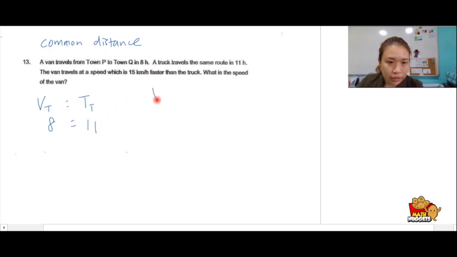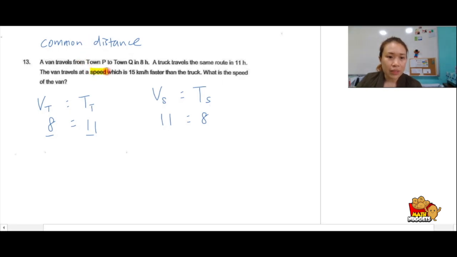Next, I can write the speed for the van and the speed for the truck. Now, are they a direct relationship or an inverse relationship? If the van took a shorter time, means the speed is faster. The truck took a longer time, means it was slower. So in this case, it's an inverse relationship.